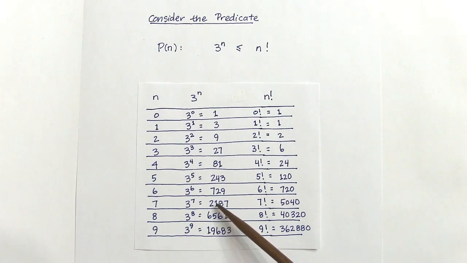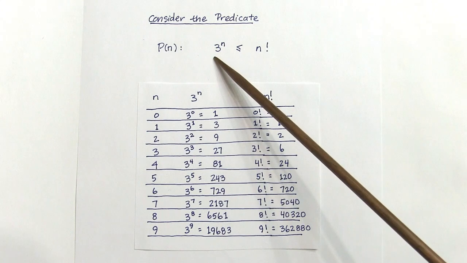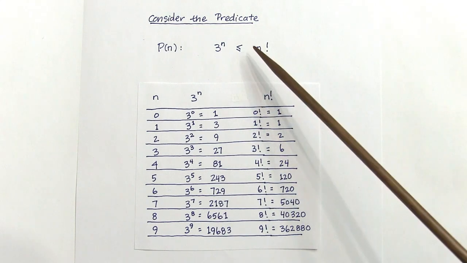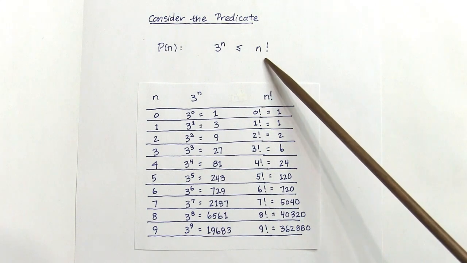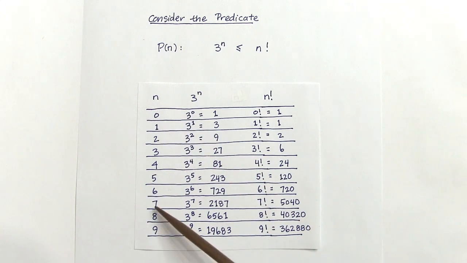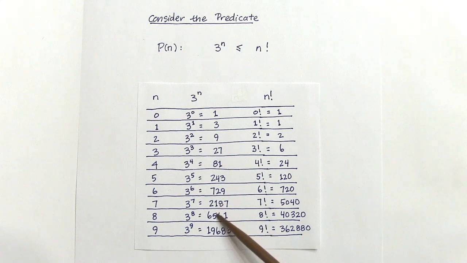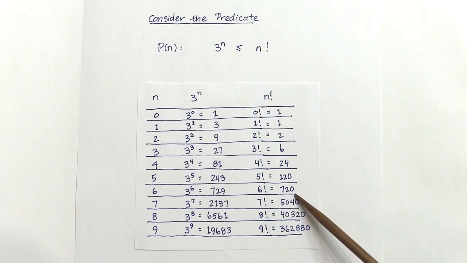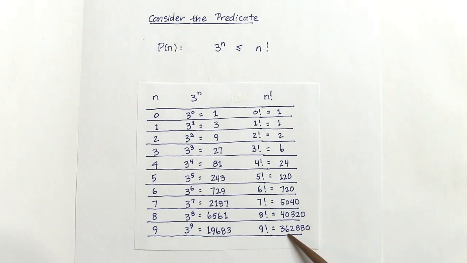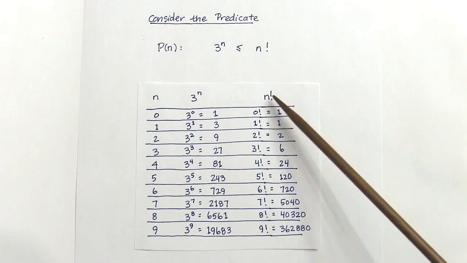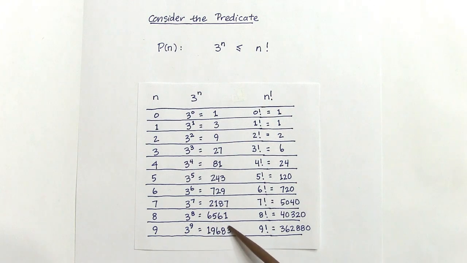And if we check the values for 8 and 9, we see that 3 to the n is less than or equal to n factorial for all of these values n, where n is 7, 8, or 9. This column is less than or equal to this column. In fact, as n is getting bigger, this left-hand value is significantly less than the right-hand value.